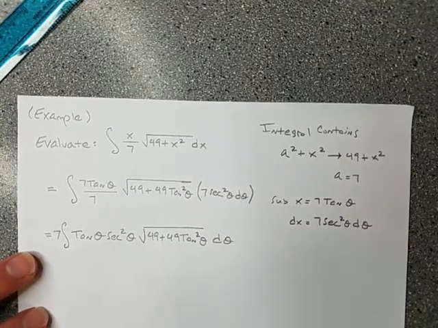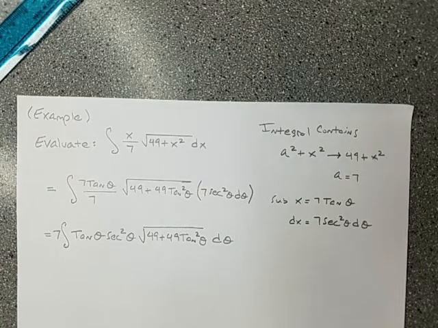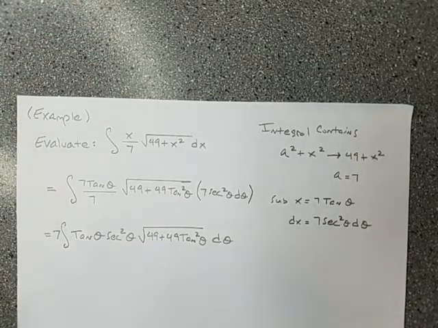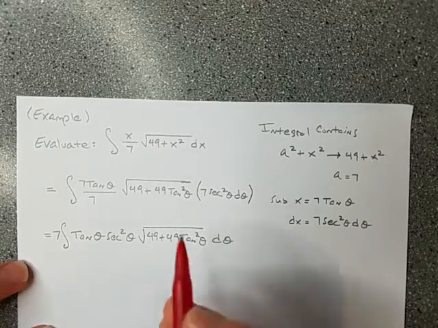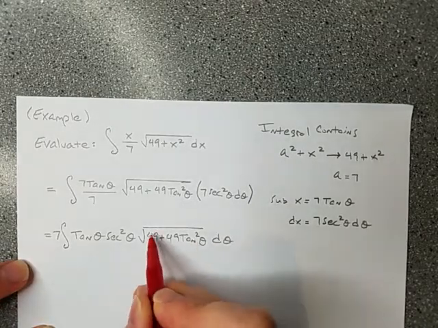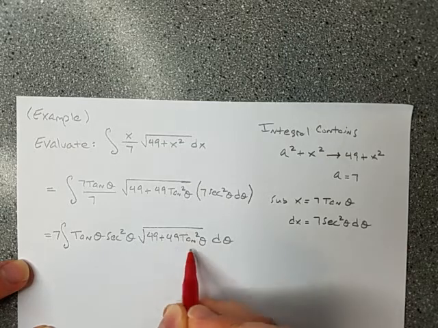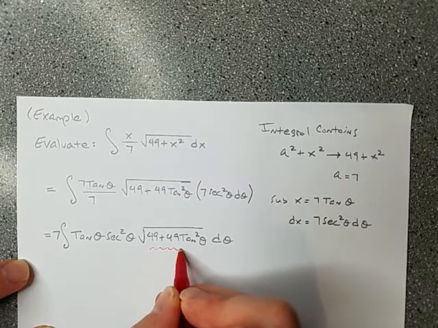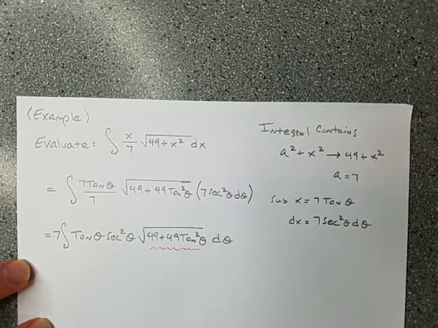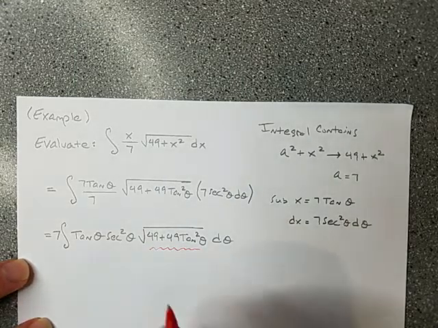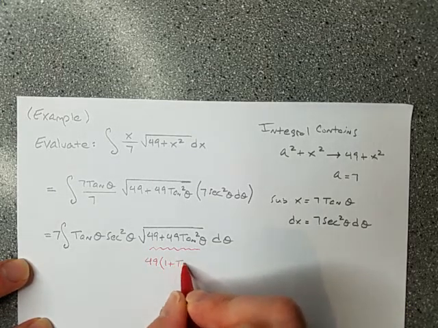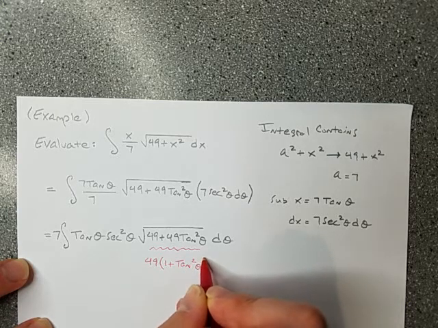Now what can I do next? I had mentioned before that you can expect to use certain identities every single time. There's one right here: 1 plus tangent squared is secant squared. I don't quite have 1 plus tangent squared. I've got 49 plus 49 tangent squared, but I can factor out the 49 and get 1 plus tangent squared theta.